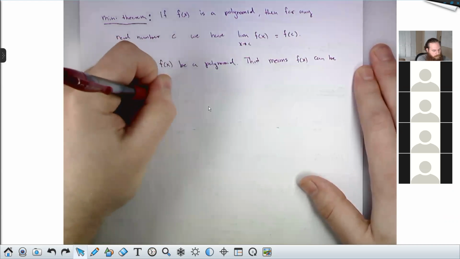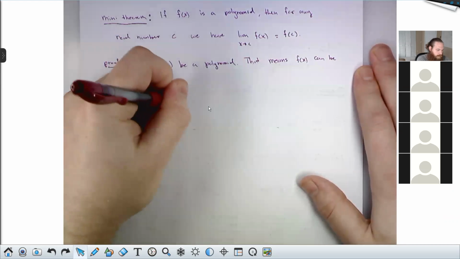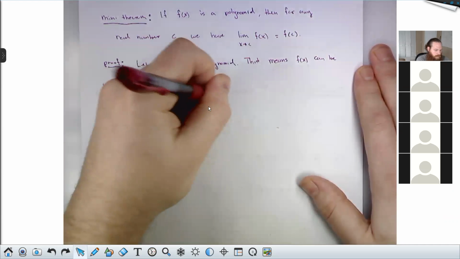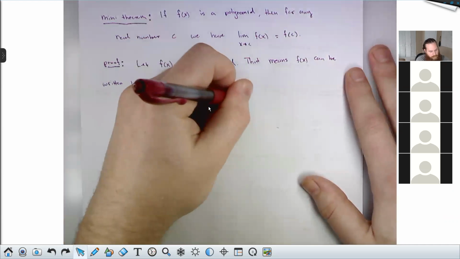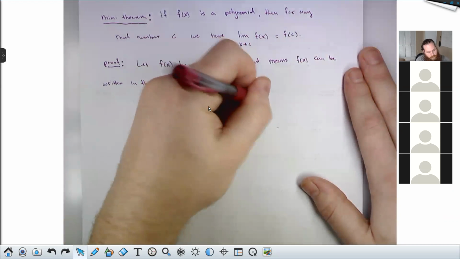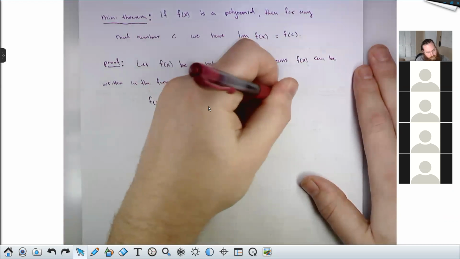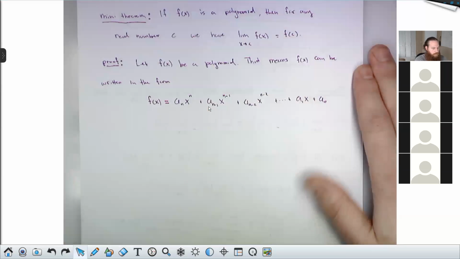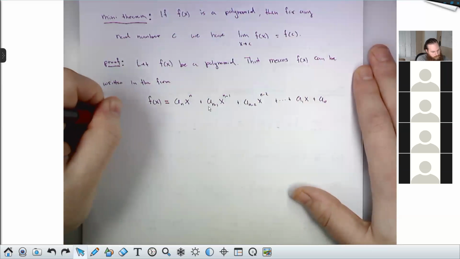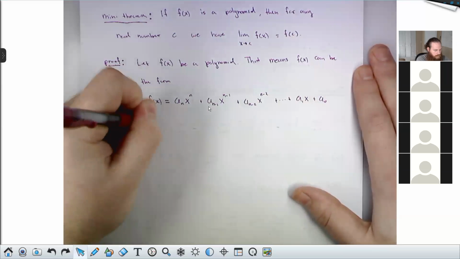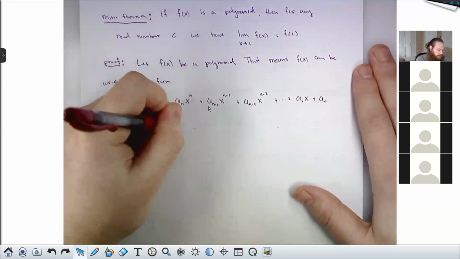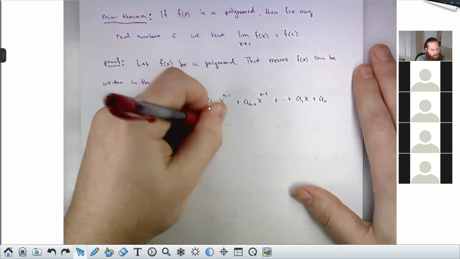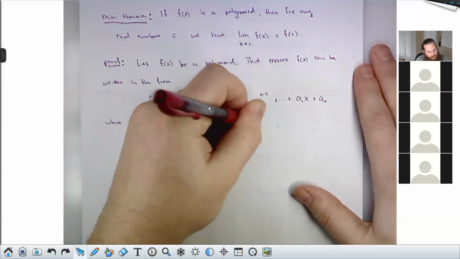f of x equals, we remember the definition of a polynomial, an x to the n plus an minus 1 x to the n minus 1 plus an minus 2 x to the n minus 2, and so on, until you get down to a1x, and then the constant term a0, where an, an minus 1, an minus 2, all of these numbers, a1, a0, are constants.